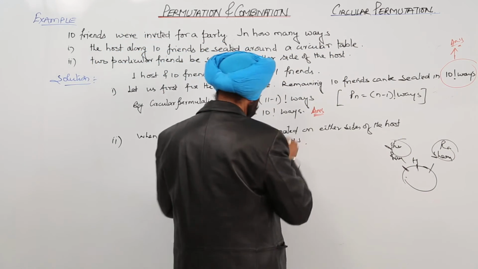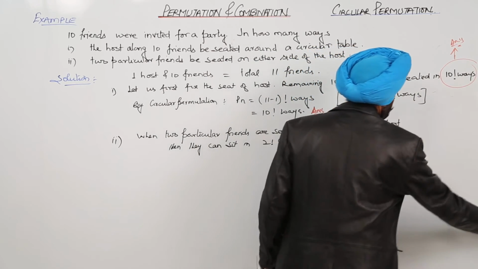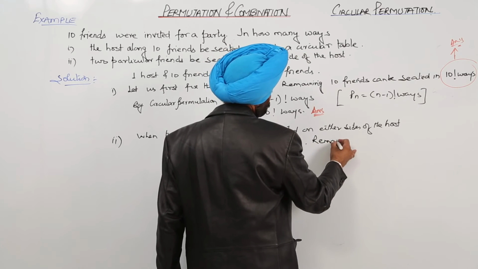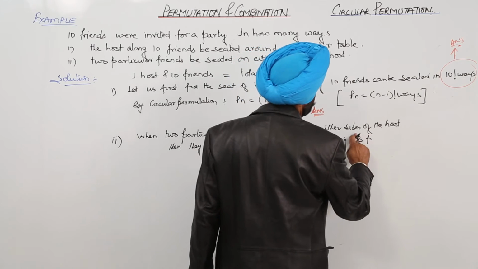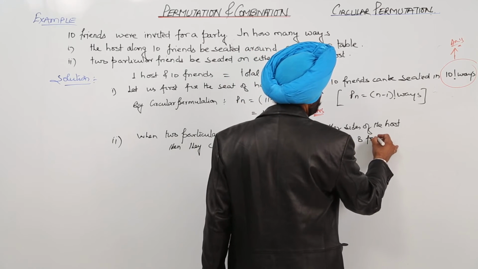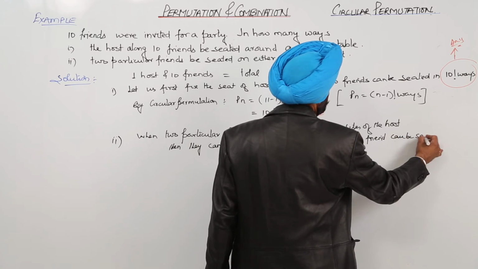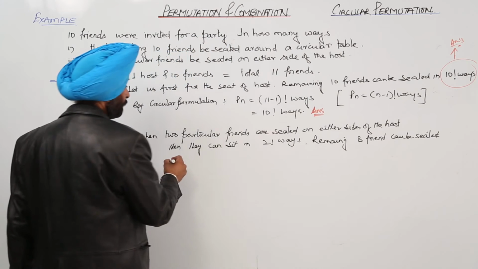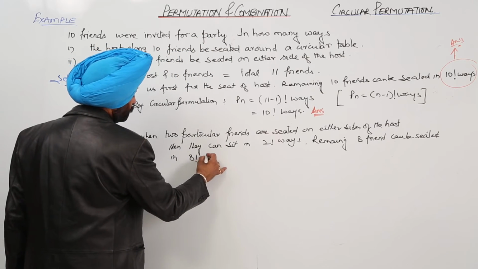Now the remaining 8 friends can be seated in 8 factorial ways.